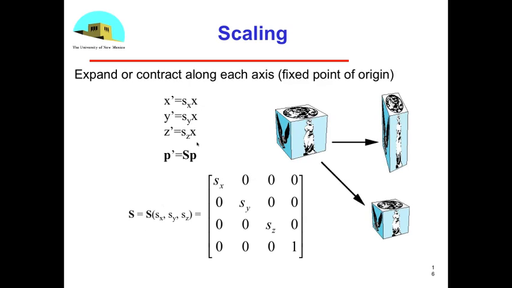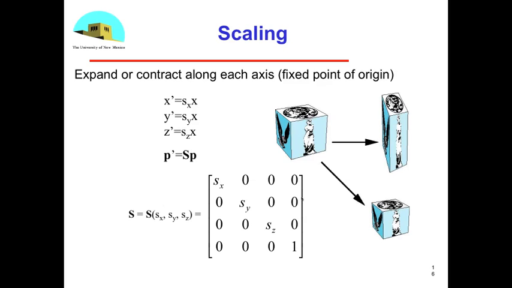This should say x prime is sx times x, y prime is sy times y, and z prime is sz times z. If you translate that to a homogeneous coordinate representation, it's pretty simple. It's just putting sx, sy, and sz on the diagonal. And again, we don't want to change the w component.